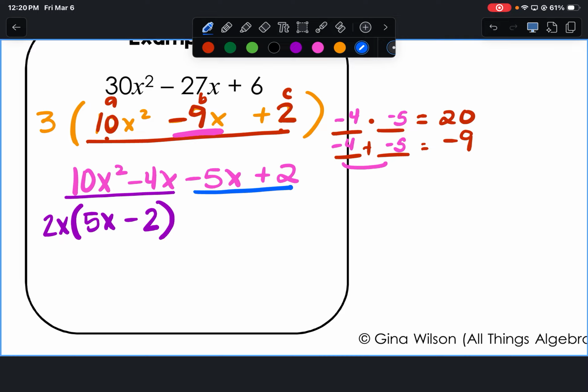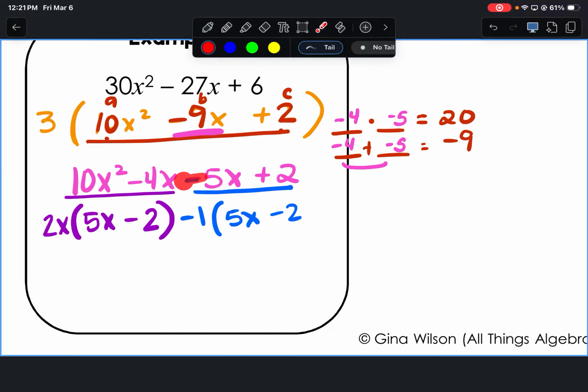If it starts with a negative, we have to take out a negative. And then what's the GCF of negative 5x and 2? Negative 1. So if we take out a negative 1, what does that leave us with? 5x minus 2, because 2 divided by negative 1 is negative 2.